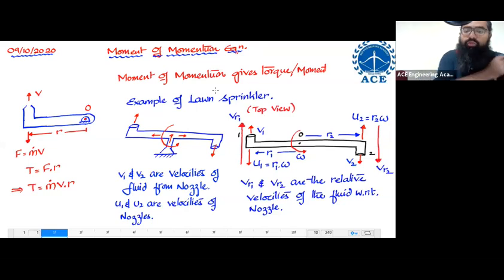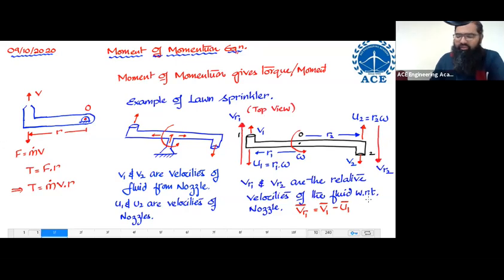What should the value of VR1 be equal to? Think logically. I have some velocity upward and this velocity downward. Strictly speaking, the VR1 vector has to be equal to the V1 vector minus the U1 vector. Please understand this.